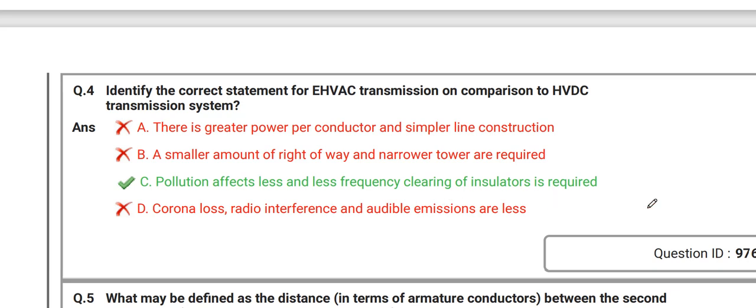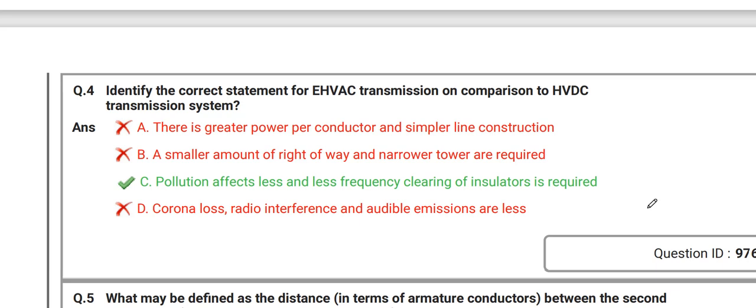Otherwise, in HVDC, there is a greater power conductor and simpler line construction. Okay, they are asking the correct statement for HVAC. And a smaller right of way and narrower tower is required in HVDC. Corona losses, radio interference and audio emissions are also less in HVDC.